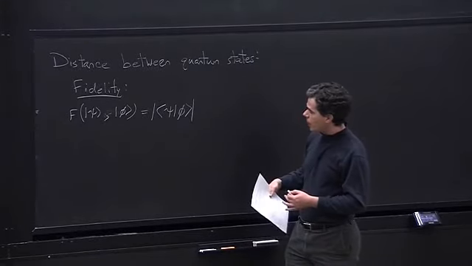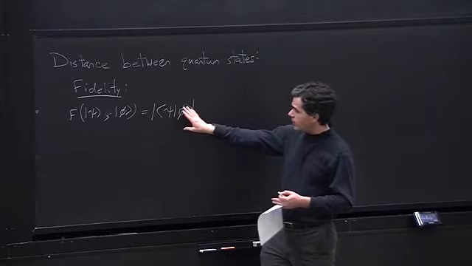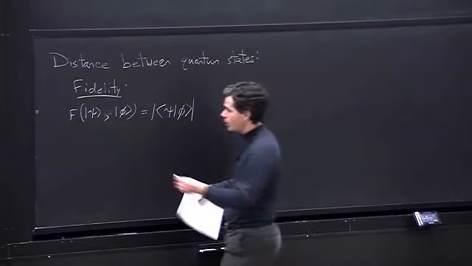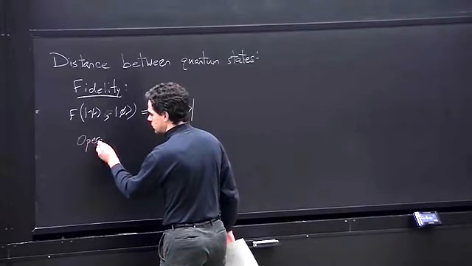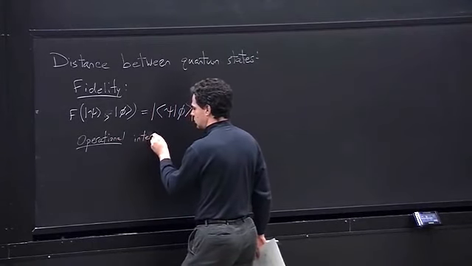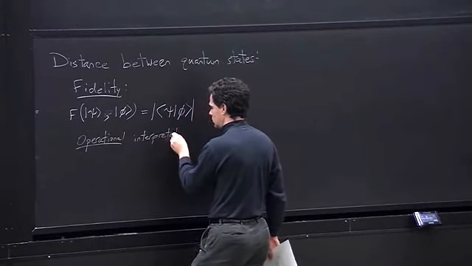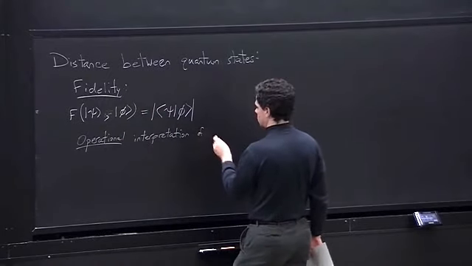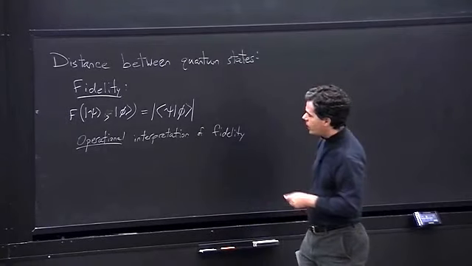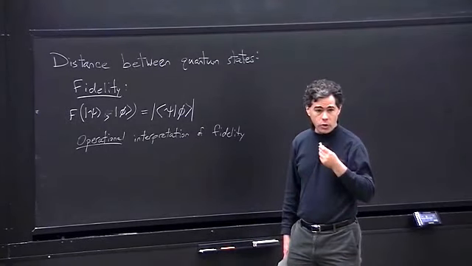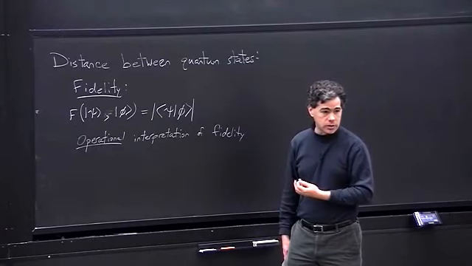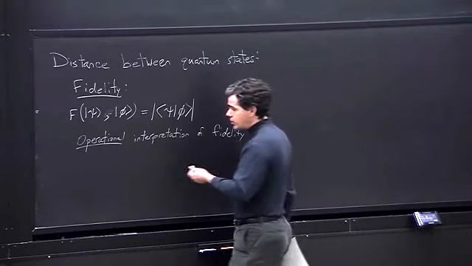Well, to see what to do with mixed states, maybe let's think a little bit more about what this really means. So this thing has what's called an operational interpretation. The operational interpretation is, suppose somebody gives you one of these two states, psi or phi, and you make a measurement.